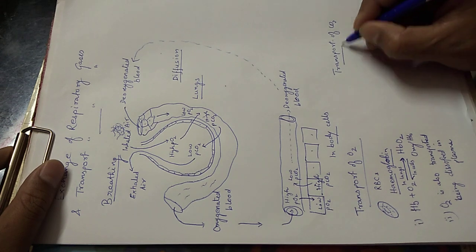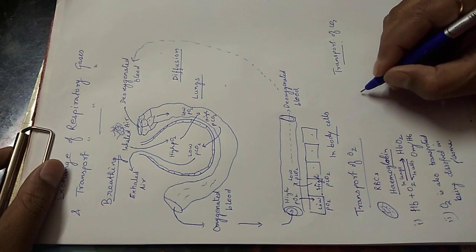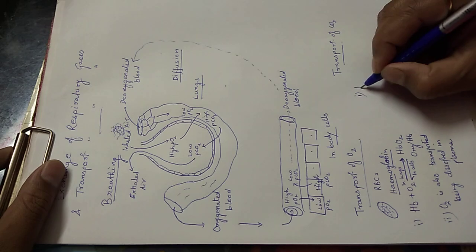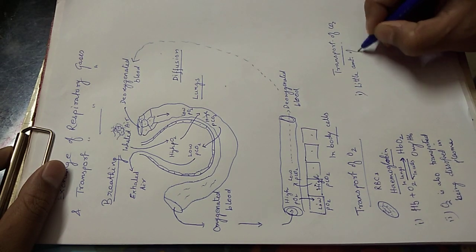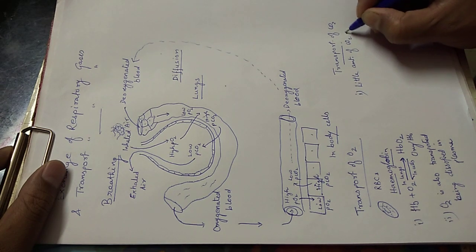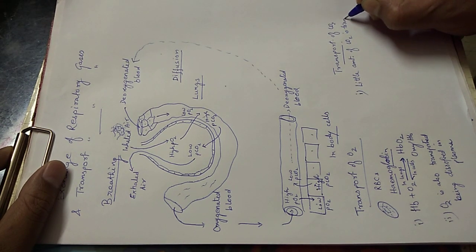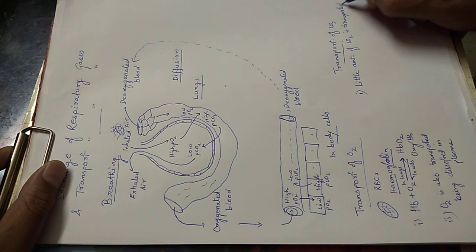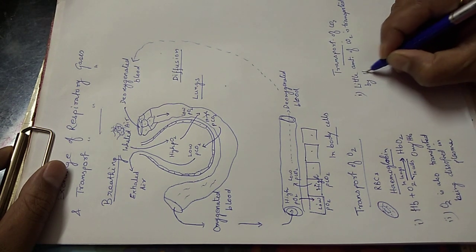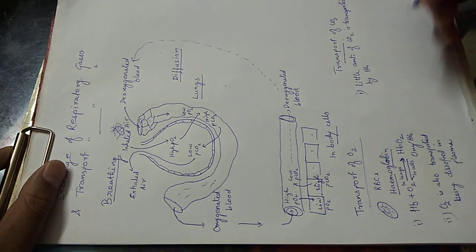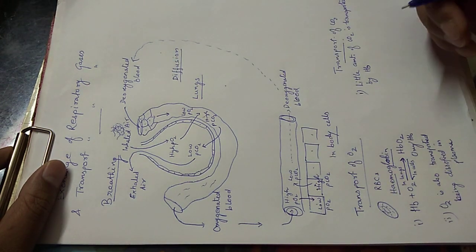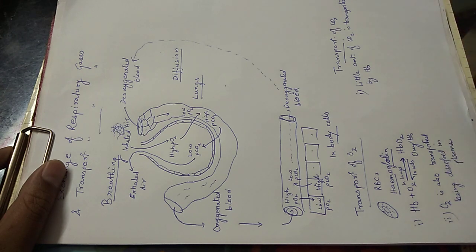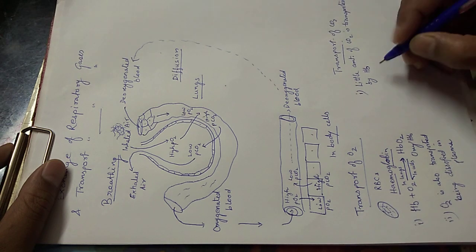Now how is carbon dioxide transported? There are three ways. First, a little amount of carbon dioxide is transported by hemoglobin. When hemoglobin goes back, it becomes free and picks up a little carbon dioxide, but it cannot transport too much because the affinity between hemoglobin and carbon dioxide is less.